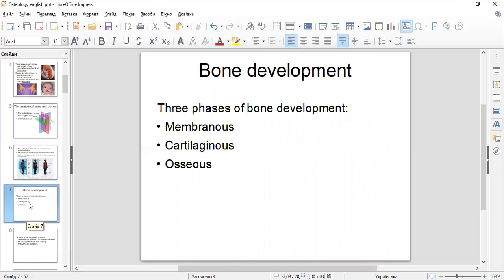Bone development. We have 3 phases of bone development: membranous, cartilaginous, and osseous.